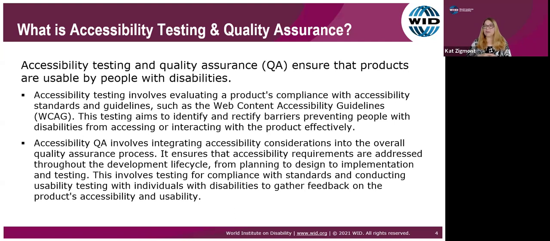So that is the big difference. And what we're going to talk about is the quality assurance process. And then we're going to talk about how accessibility testing fits into that process in a variety of ways.